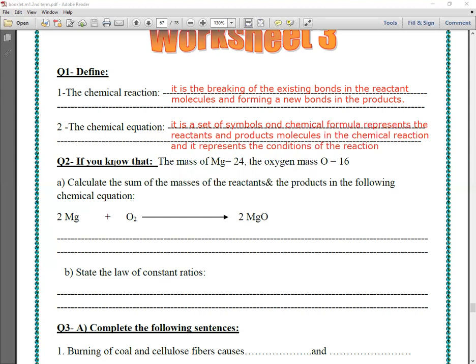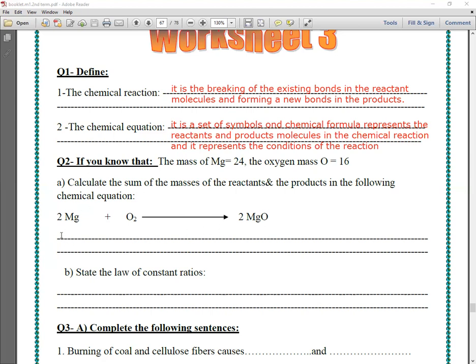Question 2, if you know that the mass of magnesium equals 24 and the oxygen mass O is 16, calculate the sum of the masses of the reactants and the products in the following chemical equation. Magnesium reacts with oxygen to produce magnesium oxide. Okay, I need to calculate the mass of the reactants and the mass of the product.